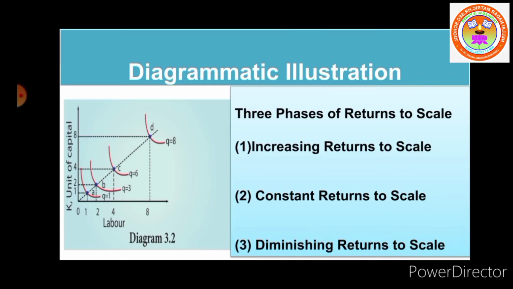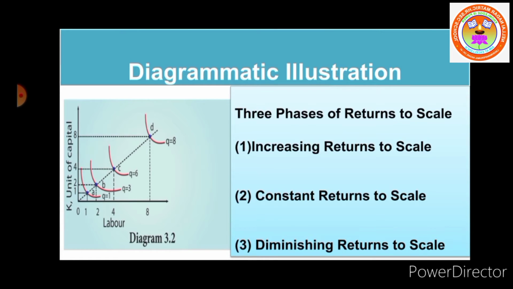That is the increasing returns to scale. Diminishing returns to scale: if all the inputs are increased by 1% but output increases by less than 1%, that is diminishing returns to scale.